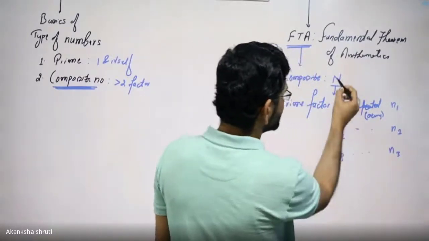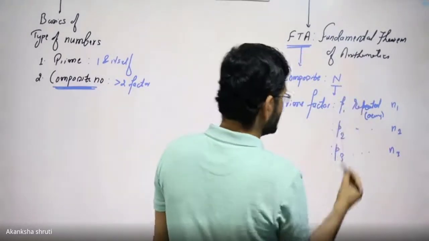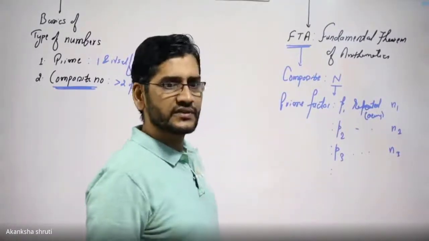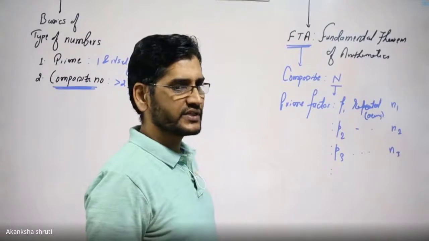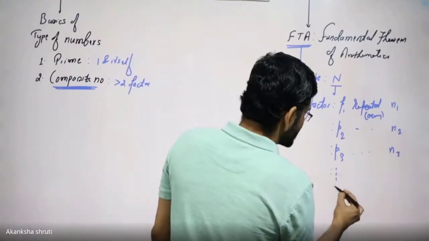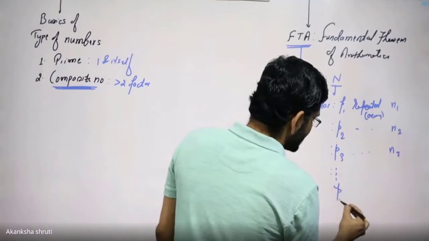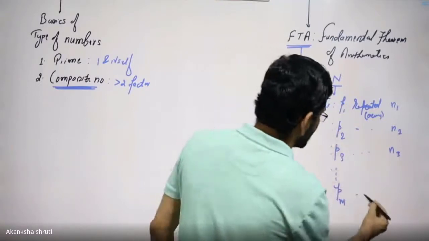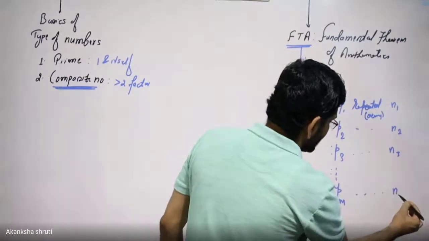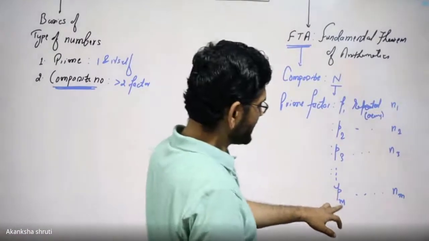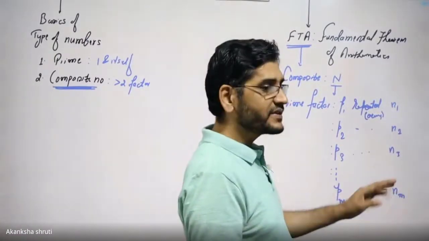Students, excluding the number itself and 1, you also know that 1 is neither prime nor composite. Similarly, these prime factors may be m in number. I am considering there are m such prime factors, and the power of Pm is nm, meaning this factor Pm occurs m times.